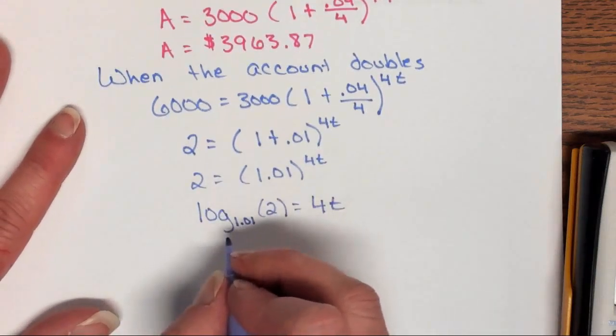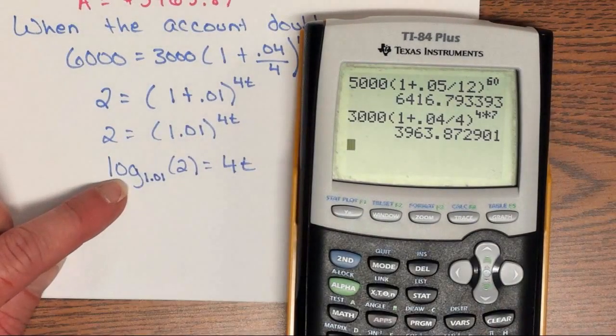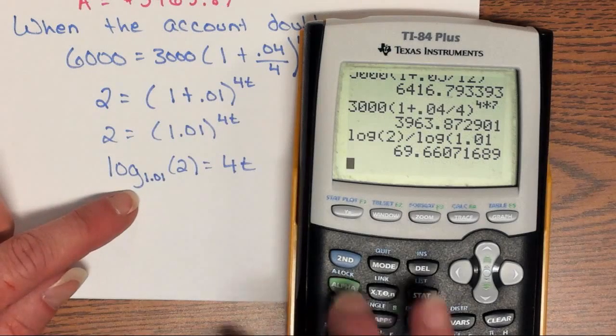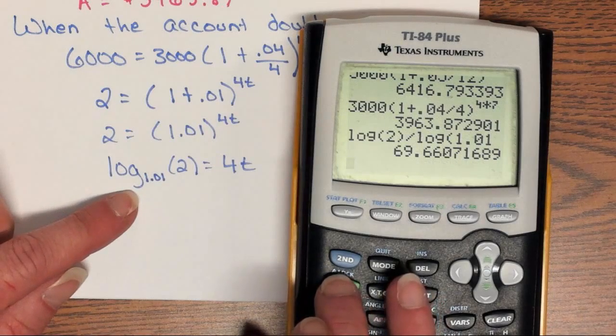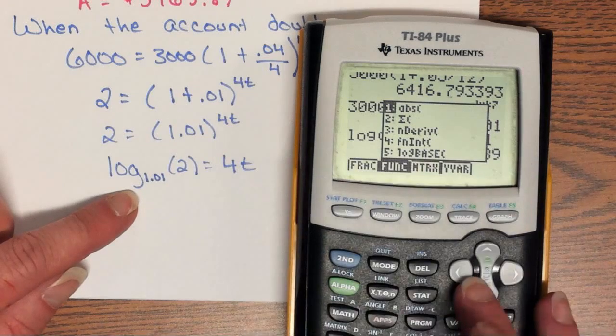So I need to figure out what this is and then divide that by 4. Remember, there's 2 ways to do that. You could do log of 2 divided by log of 1.01. Or, if you have one of these fancy calculators, alpha F2, log base is the 5th option.